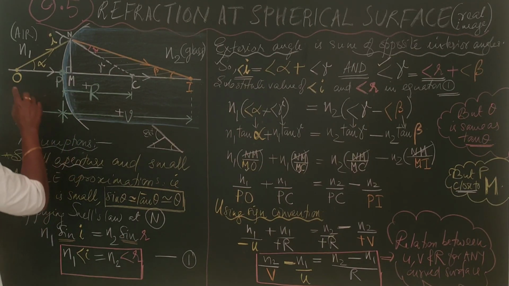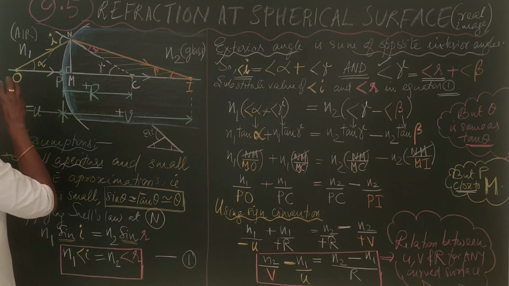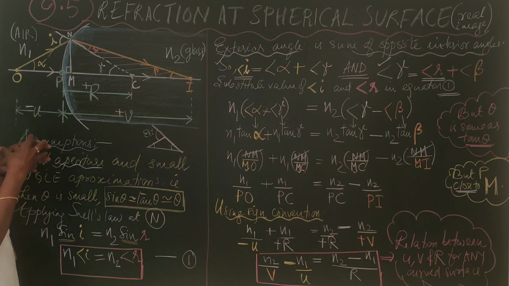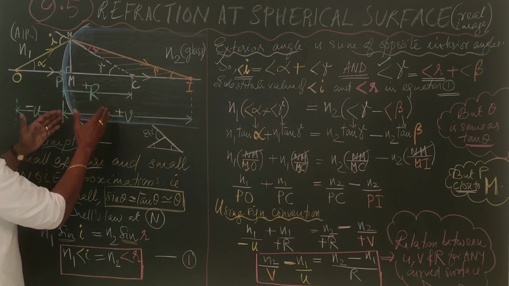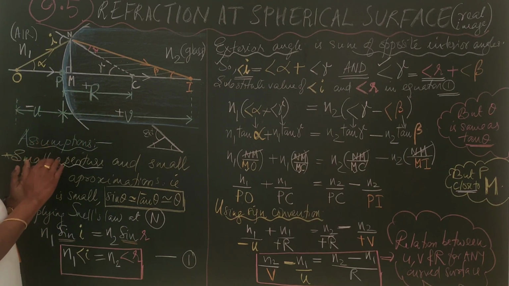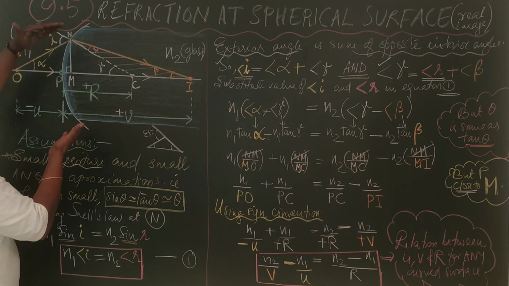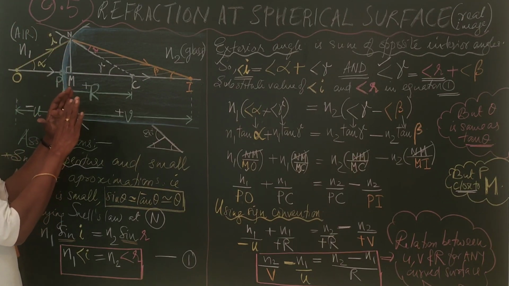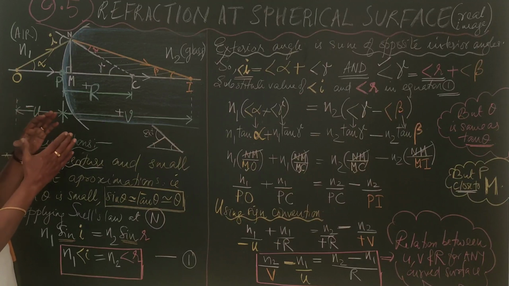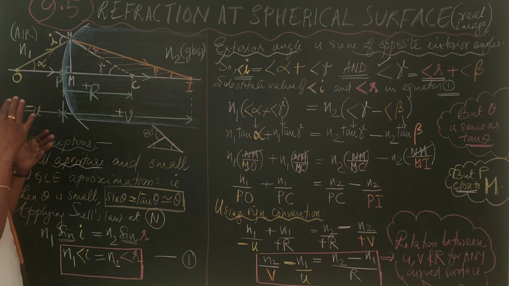Number one, the object is a point, which means the size of the object is much smaller compared to the distances you have taken, u, v, r, etc. Also the aperture, in the sense that particular region where the incident light is falling, is known as aperture. For a lens or a mirror, we take the diameter of the lens or mirror as aperture.